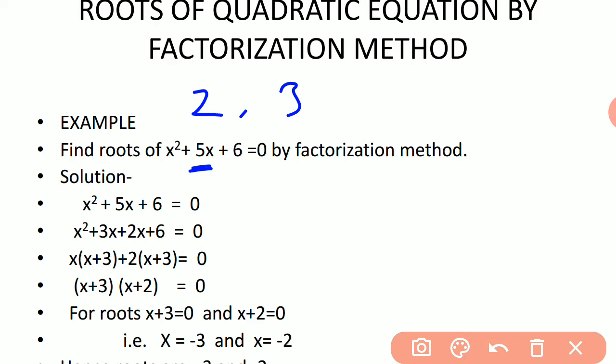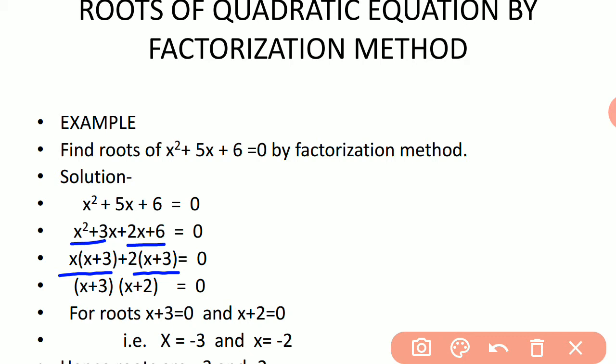So here we write x² + 3x + 2x + 6, with 5x split in two parts, 3x + 2x. Then we take pairs, one pair this and the second this, and take x as common, so in the bracket x + 3, and here 2 is common, in the bracket x + 3 equal to 0.